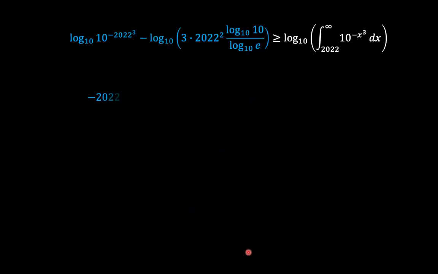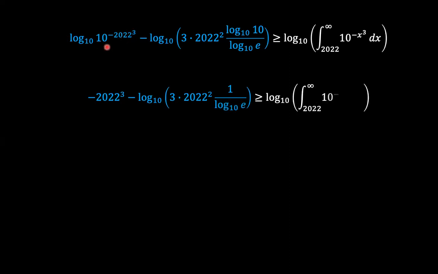So going forward, log 10, here we just have to take this power to the constant position, and log 10 of 10 is 1. So we have negative 2022 cubed minus log 10 of 3 times 2022 squared. Since this becomes 1, we have 1 over log 10 the power, log 10 of e.